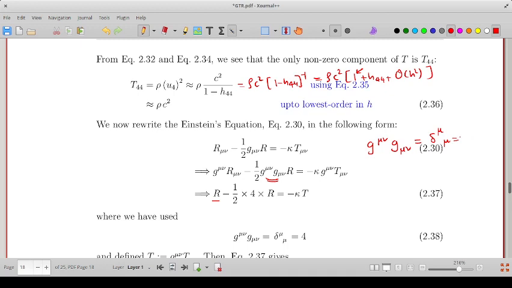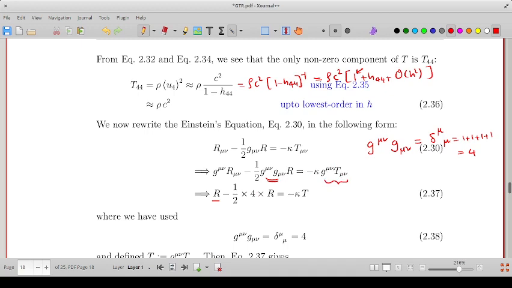Each of them is a Kronecker delta, and each of those elements is 1, so this is 1 plus 1 plus 1 plus 1, which is equal to 4.